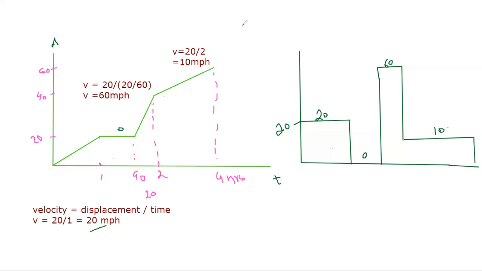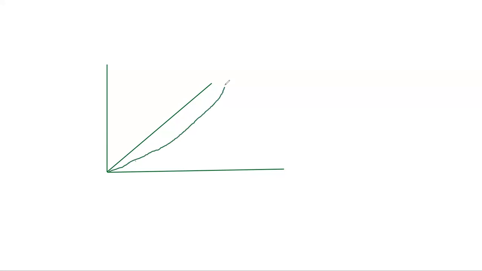We are going to spend some time on this topic because this is an important topic for physics students, that you should know about velocity time graphs or speed time graphs. A speed time graph can be linear like this, or it can be like this.